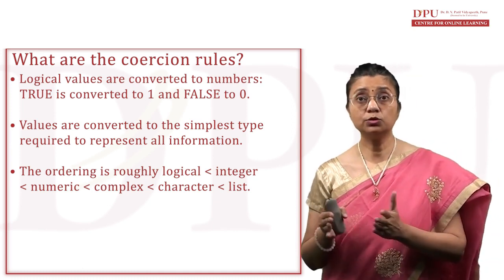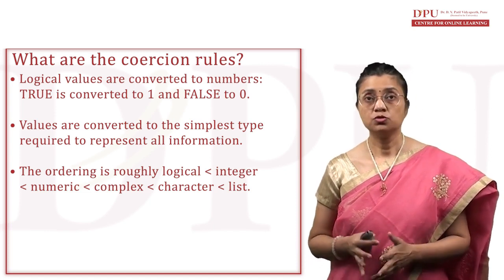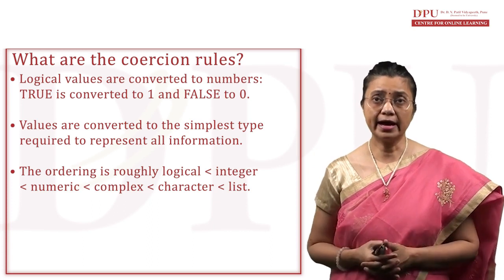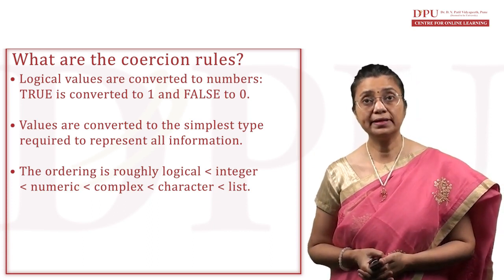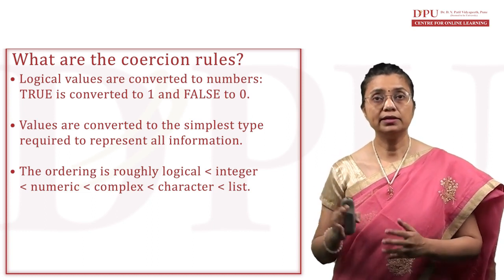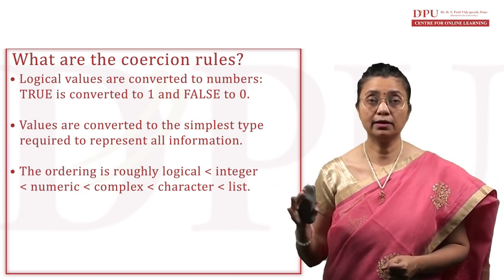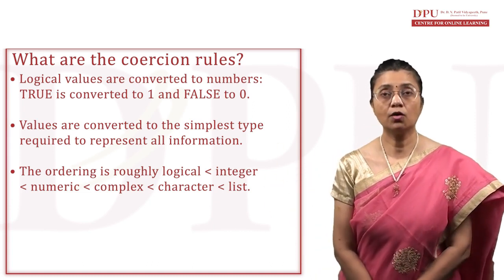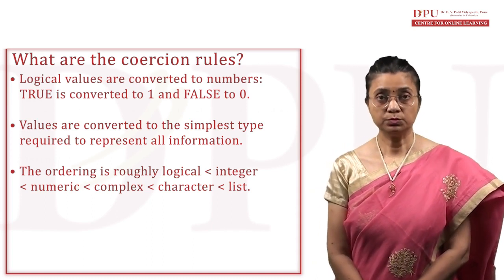Values are converted to the simplest type required to represent all information. So if I'm representing the entire information, I am converting the data into the simplest type. And the ordering is roughly logical to integer, integer to numeric, numeric to complex, complex to character, and character to list. So that is how we are ordering the data.